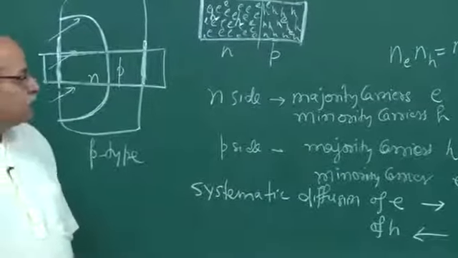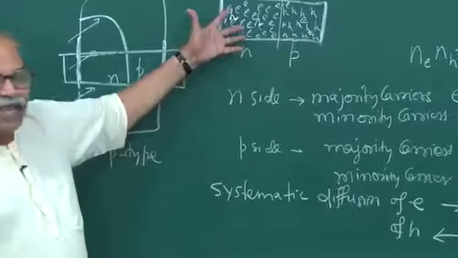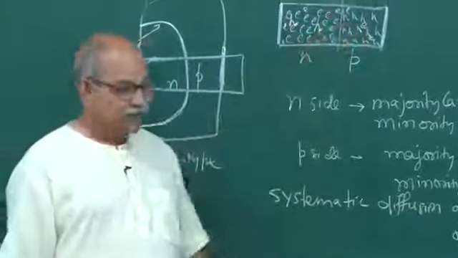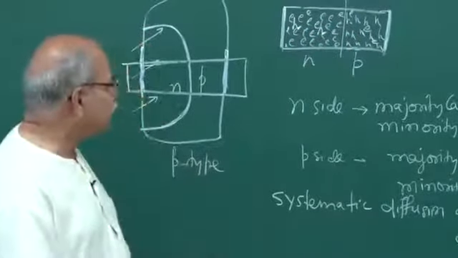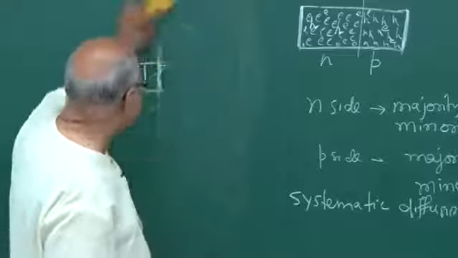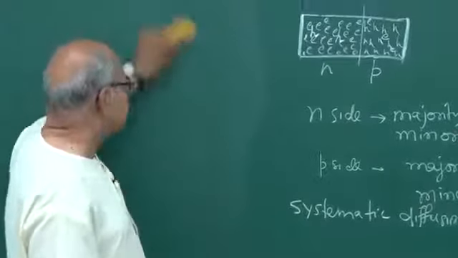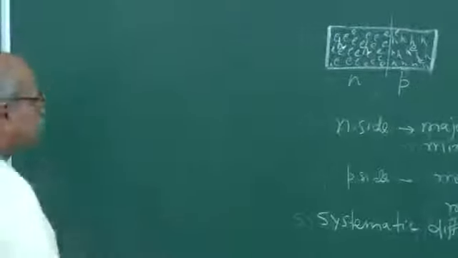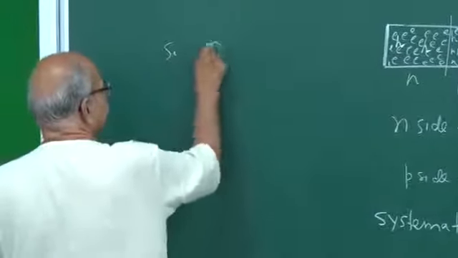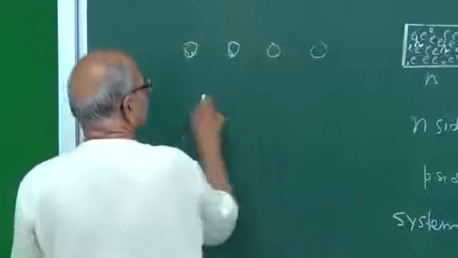And keep track of what is happening in the actual crystal. This is the diagram on which we make, but if you think of actual silicon crystal, keep that also in mind, so that that physical connection is not lost. So, you have all those silicon atoms.